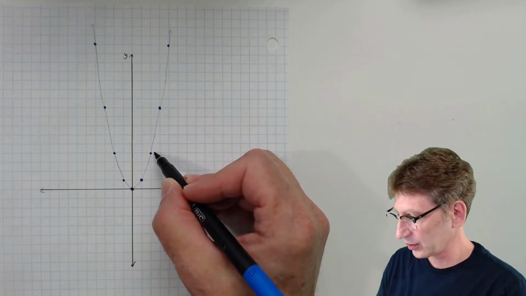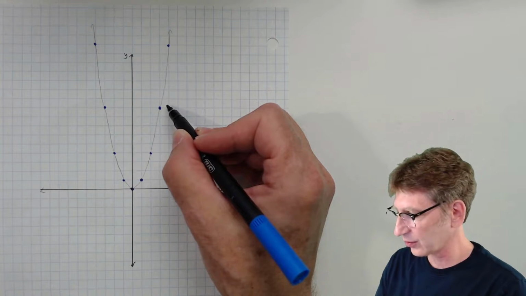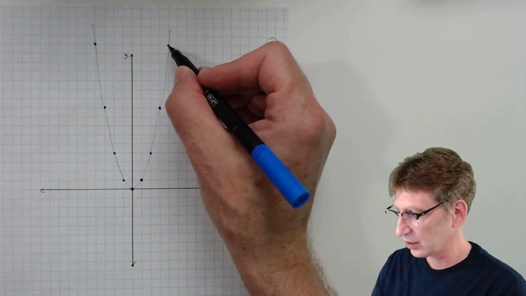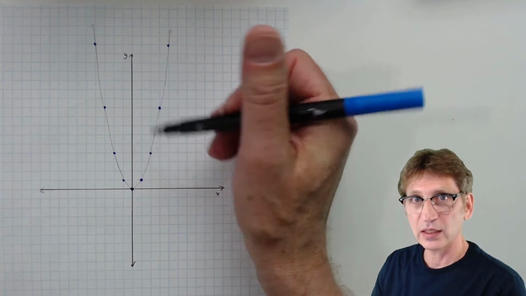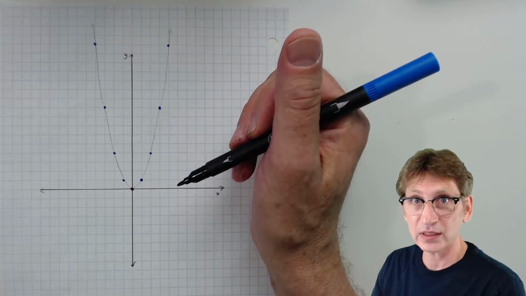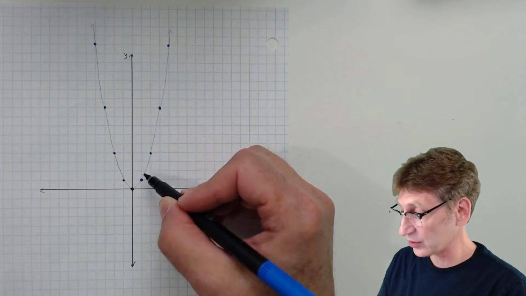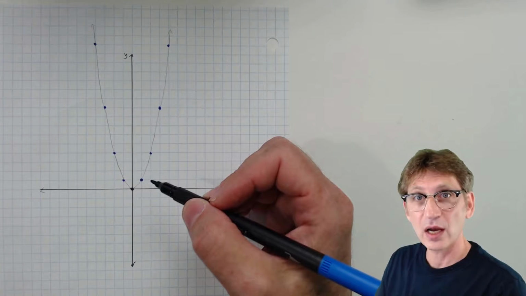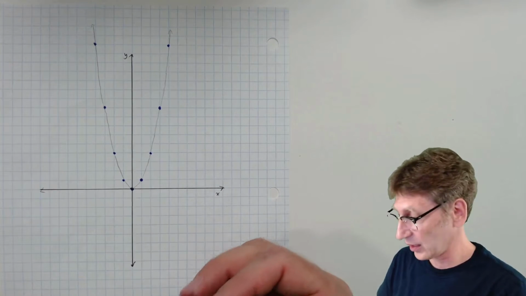If we go another unit to the right, we're going up 5. Another unit to the right, we're going up 7. We would then go over again and up 9, then 11, then 13, then 15. The differences of consecutive square numbers are the odd numbers. We just keep increasing by the odd numbers.